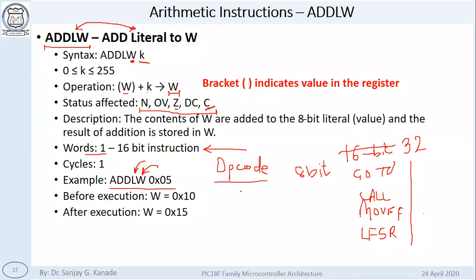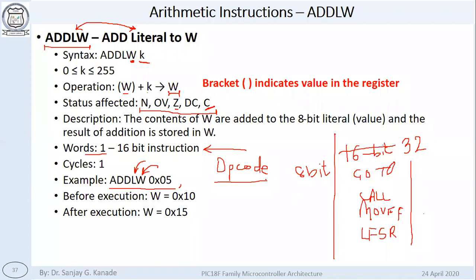Are you getting what I'm saying? Why I'm telling this is because many times people make the mistake of writing two operands here, let's say ADDLW 0x05 and 0x07. This is obviously going to be wrong, because we know that except for those 4 instructions, all other instructions are 16-bit instructions.